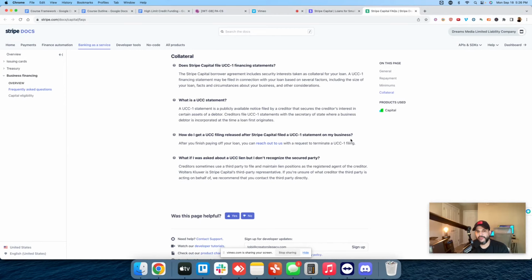After you finish paying off your loan, you have to request to terminate that UCC filing. Basically, it's like a lien on your business if you took out a loan, because they're afraid you might default, take their money, and try to get another loan. You won't be able to because you got that UCC filing, that lien against you. So just keep that in mind.